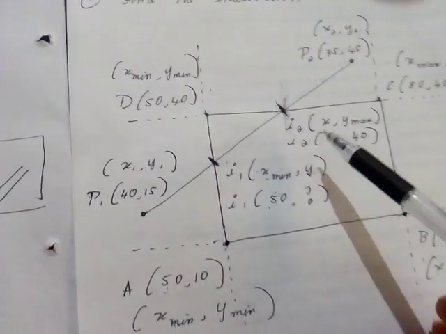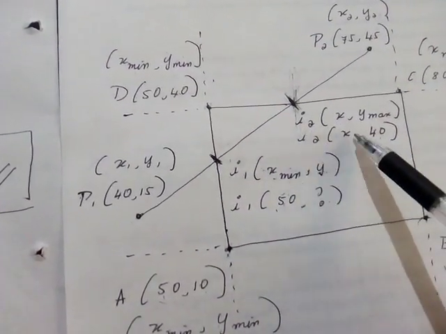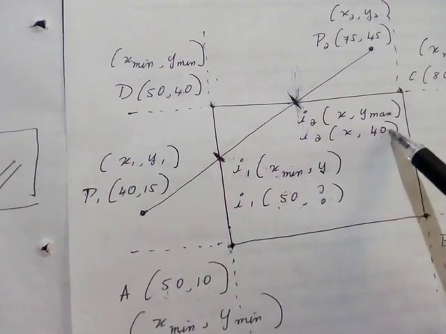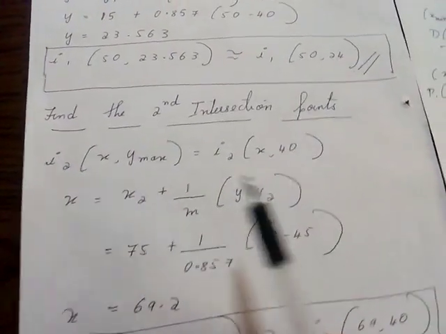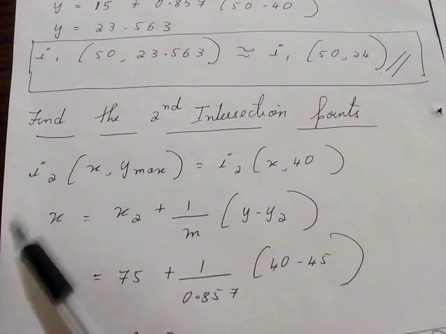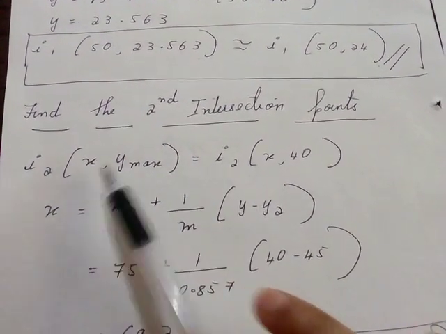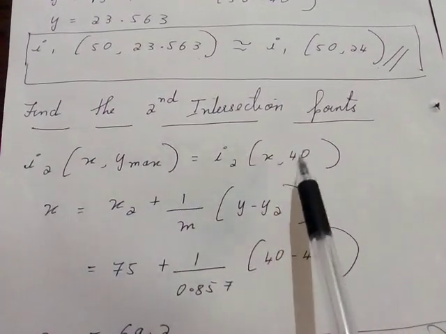Okay, next we have to calculate I2. In I2, y is nothing but y max, which is 40. So to find the second intersection point, that is I2, x comma y max, we have to find x, and y max is 40.